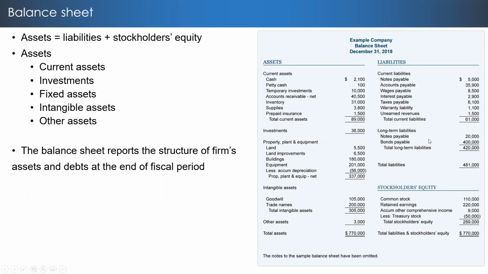The difference is what remains for the investors, the owners of the company. That's why it's called equity: what remains between what you own and what you have to pay.